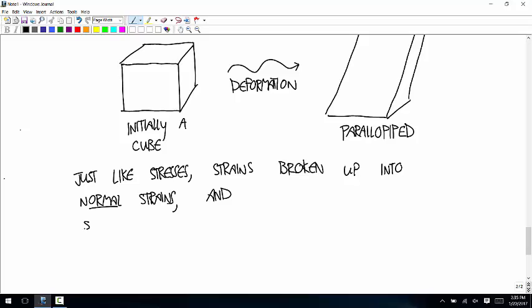Shear strains. Shear forces, yep. It's not really the same thing, but they are related, and as we go on, we'll see the relationship between those.